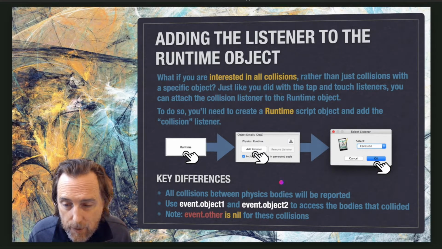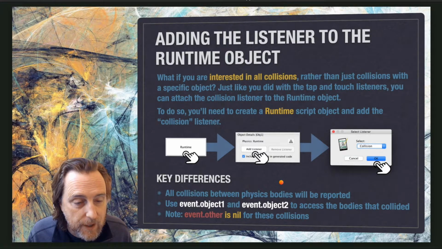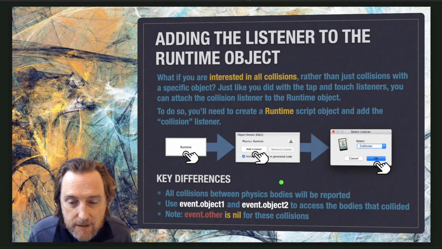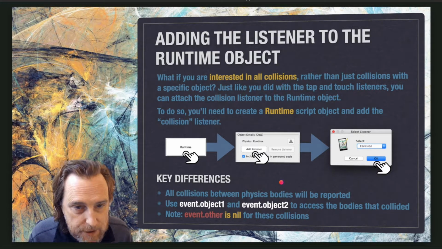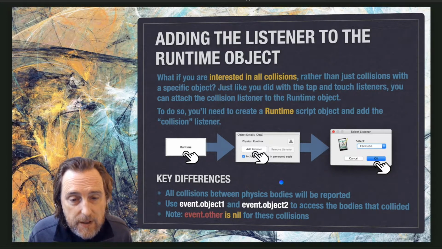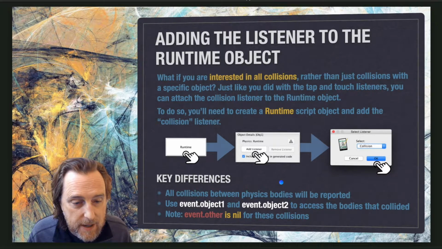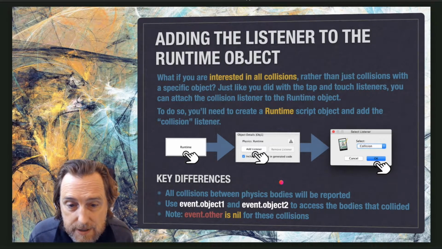You'll get a lot more information out to the console. And the syntax for figuring out what collided with what is different. If you added the collision listener to a particular object like object 1, then you know when it hits something, object 1 has hit something. When you add the collision listener to the runtime, you don't know the identity of either of the two objects that collided.